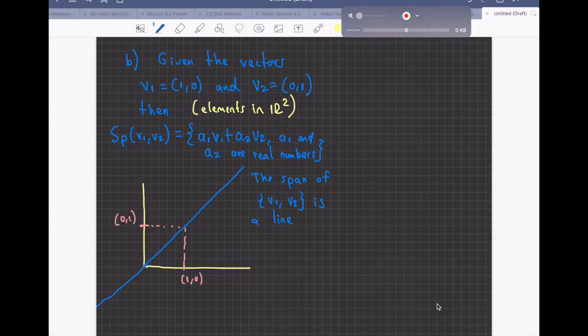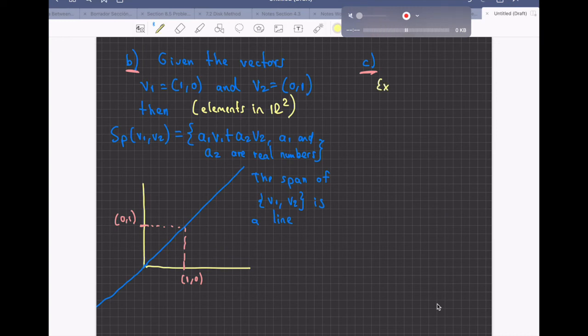Now, another example. How to verify whether a given vector is an element of the span.